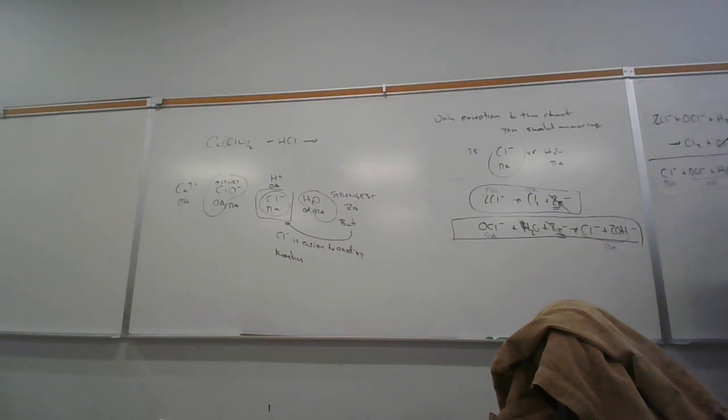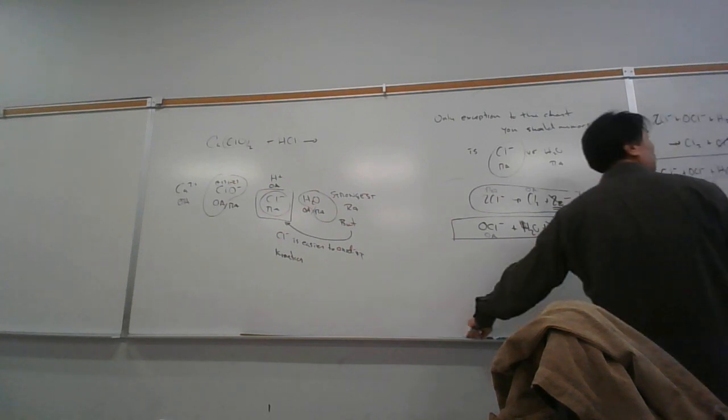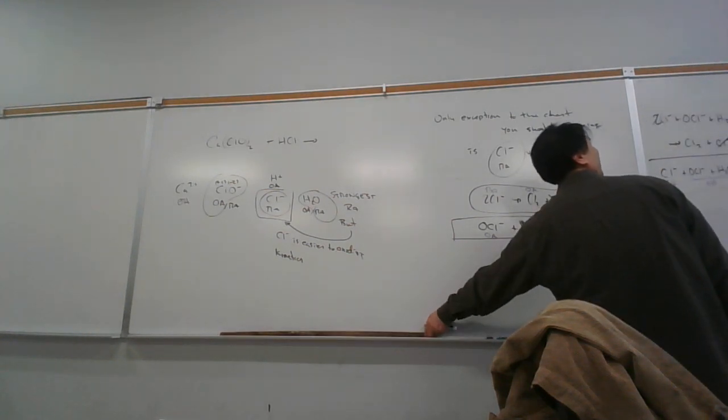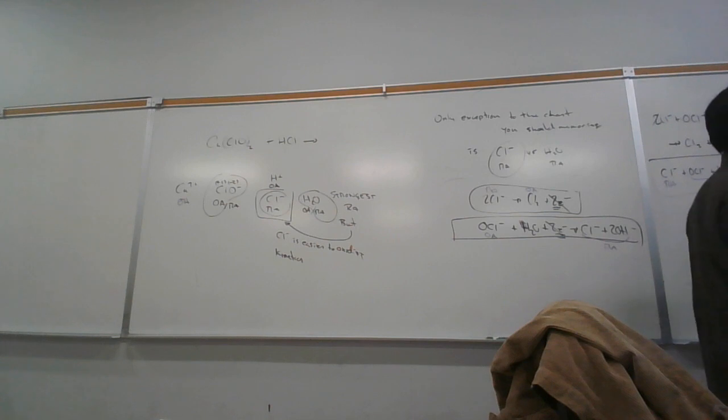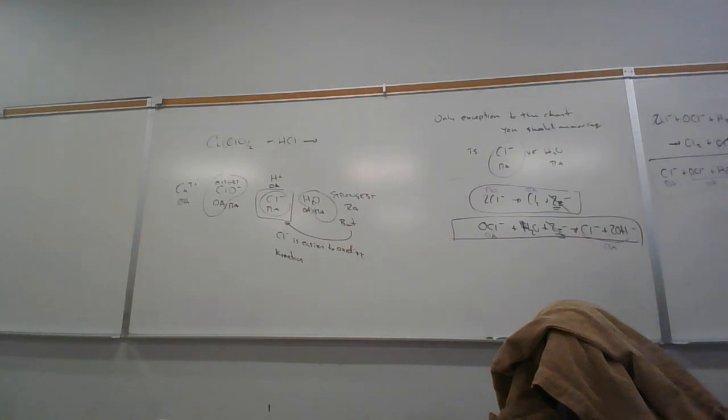Hypochlorite, which we said was between silver and nitrate here, versus chlorine, which is up here.